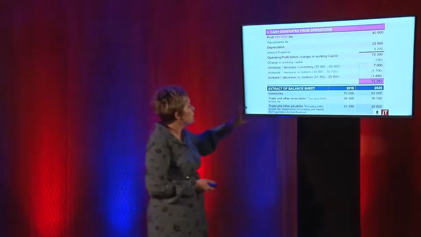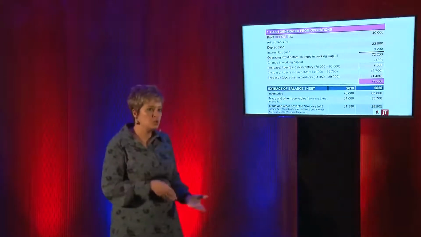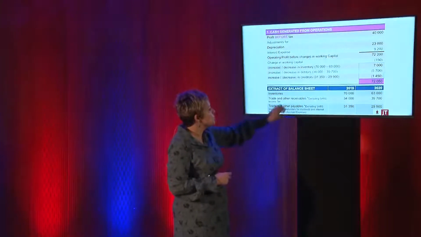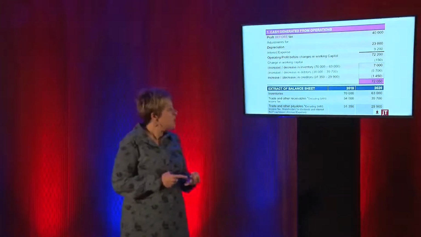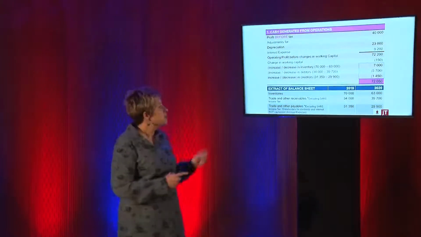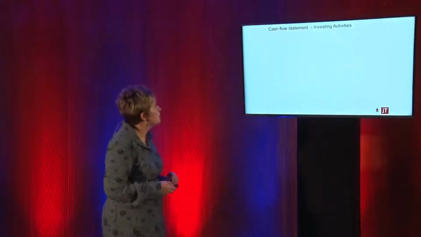So you're going to compare the amounts from the balance sheet from last year to this year. Be aware, as I said previously, that when we do this, we exclude SARS, we exclude dividends, and we exclude interest, because these will be shown separately on the cash flow statement.